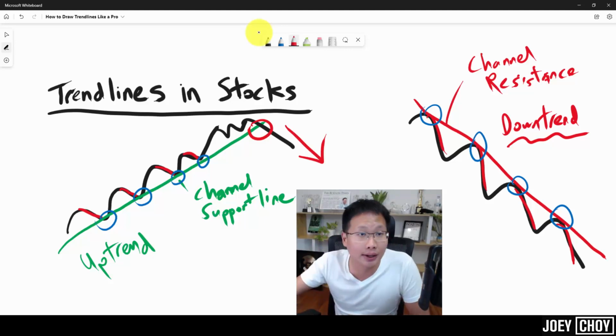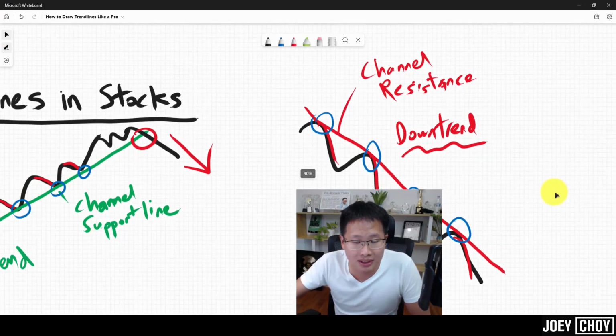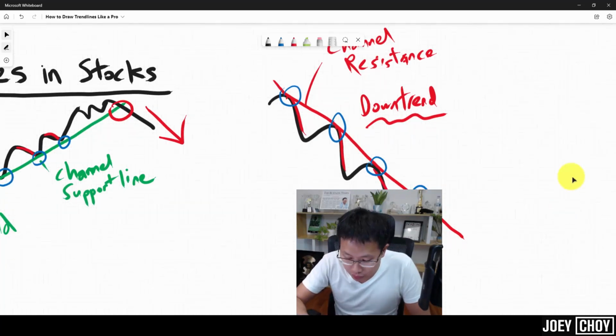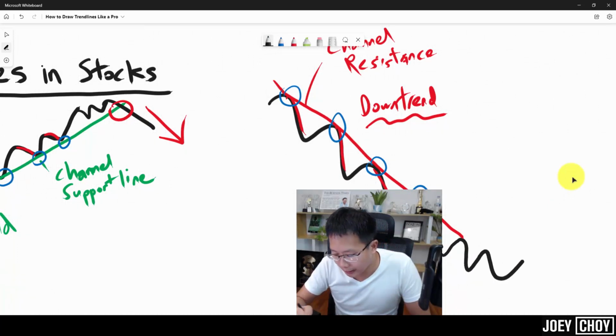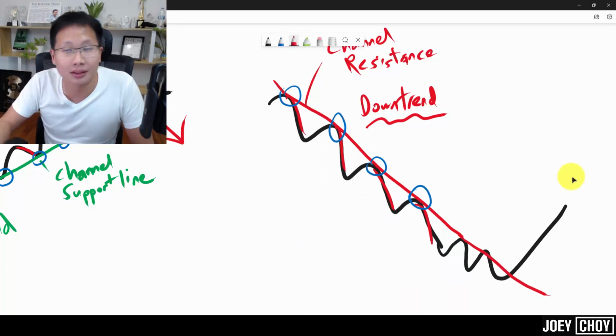In the case of a downtrend, as long as we trade below this red line right here, we are in a downtrend. But sometimes we might consolidate and break up above this downward sloping channel resistance line right over here.